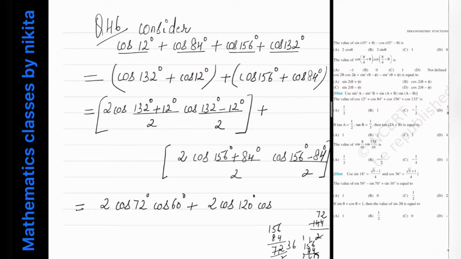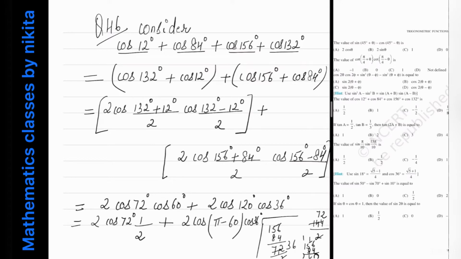Okay, so cos of 36 degrees, and this will be equal to 2 cos of 72 degrees, and cos 60 you know is half, then plus 2 cos of 120 can be written as pi minus 60 into cos of 36 degrees.